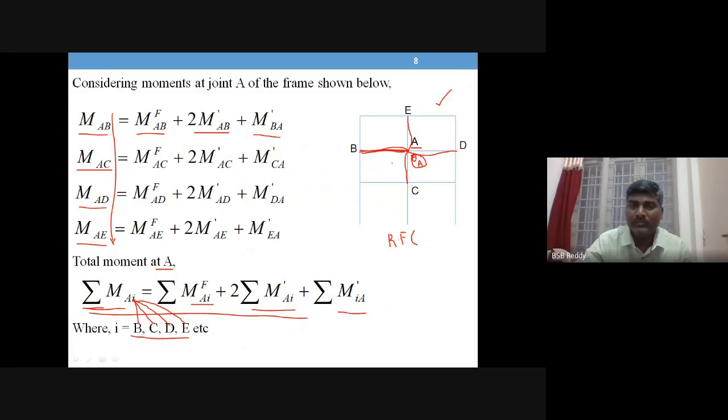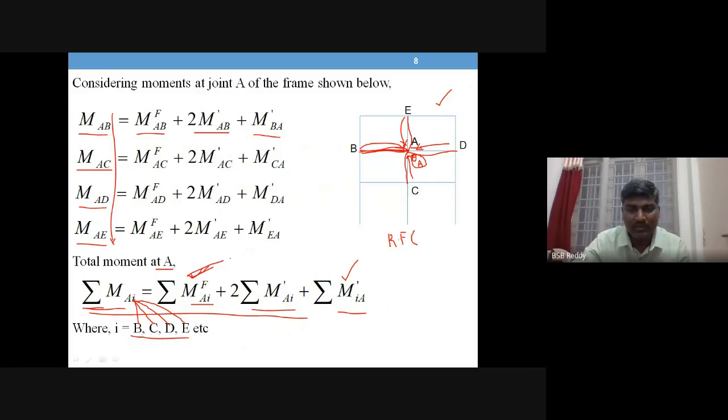From B, C, D, E, all far end rotation contributions shall be added.